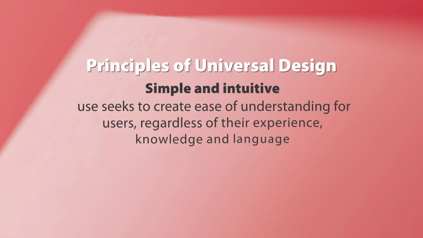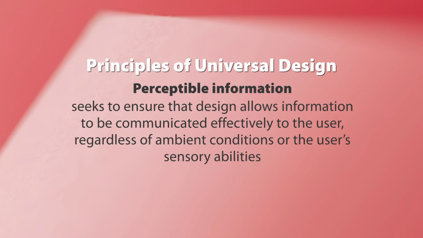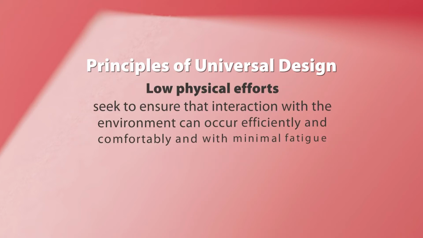Then simple and intuitive. Whatever products, whatever technologies we produce, those should be simple and intuitive. Then perceptible information is also essential. Then like that, low physical effort, because one should be able to approach or use these products with low physical effort also.